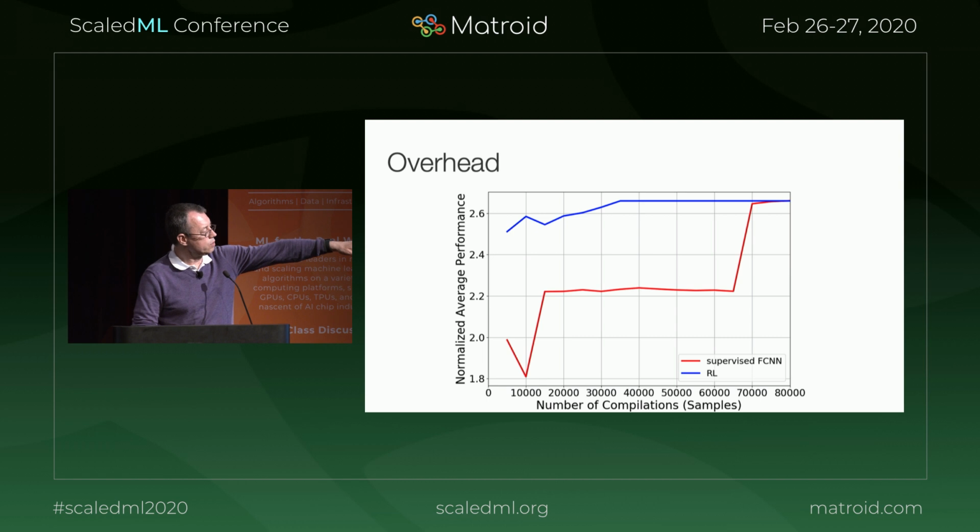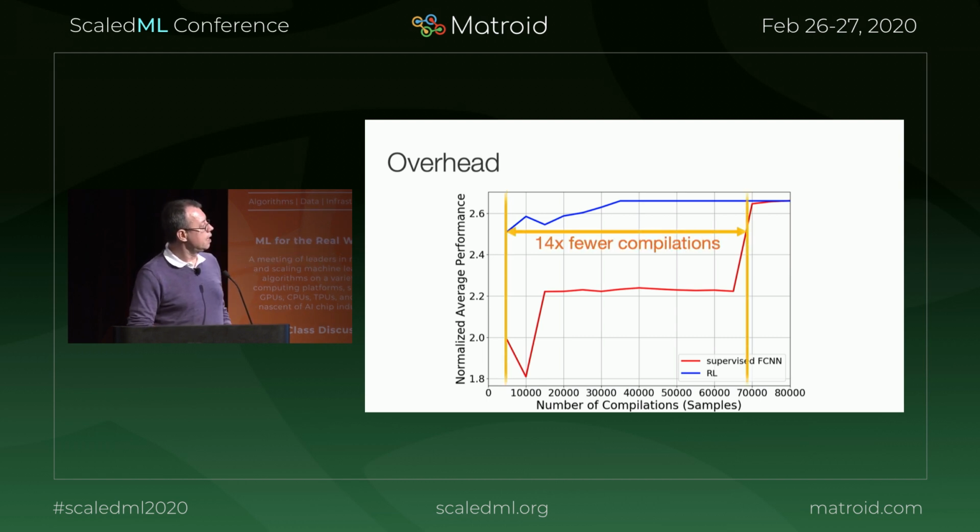And this is compared with the supervised algorithms. As you can see, the supervised approach requires many more samples because you need to get these labels. To get to the same improvements, you need about 14 to 15 times more samples than for RL.